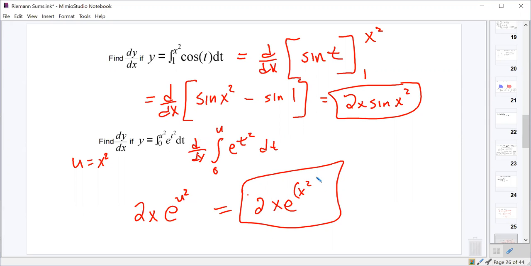And so this should be x squared squared. Yeah, we took the derivative of the sine and I kept it as sine. That should be cosine. Man, it's been a rough day today.